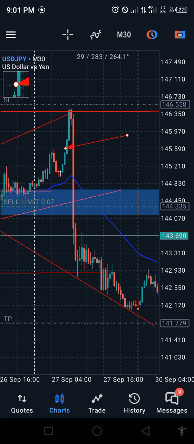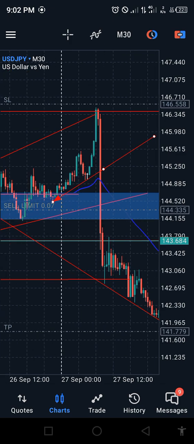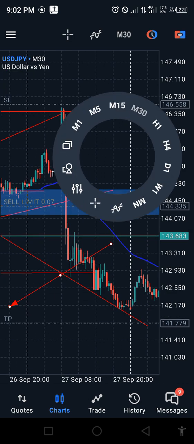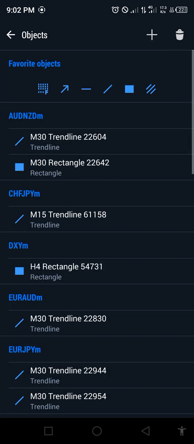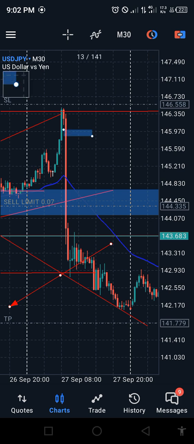From this point to this point, we are expecting the market to react. And again, this whole zone is a fair value gap.